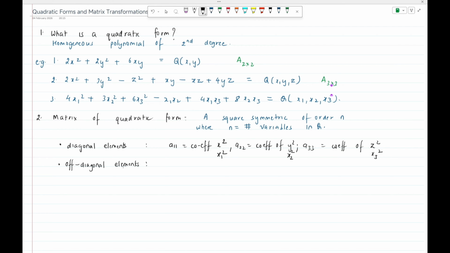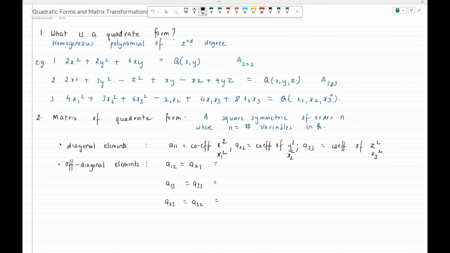Keeping in mind the similar strategy, let us talk about the off diagonal elements. So since A is symmetric, we will be having a12 is going to be same as a21, then A13 is going to be same as A31 and A23 is going to be same as A32. Now A12, so you can see that 1 stands for the first variable and 2 stands for the second variable.